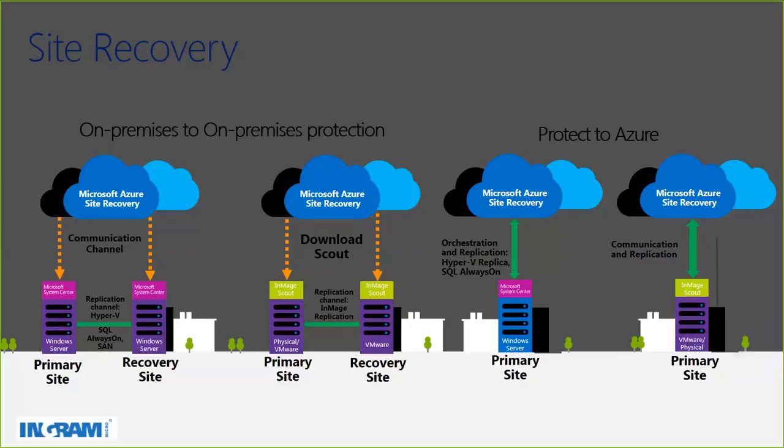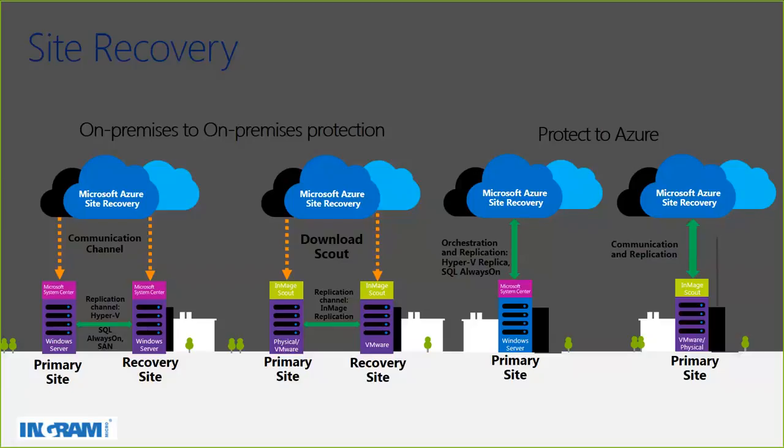But what we can also do is if we put Azure in the mix, we get a lot more flexibility here. So we could do from a primary site to a recovery site, but we could also do from a primary site directly into Azure. So what that means is that the replication is happening into Azure, and if we get any issues, we can spin up replacement machines and the information directly in Azure.